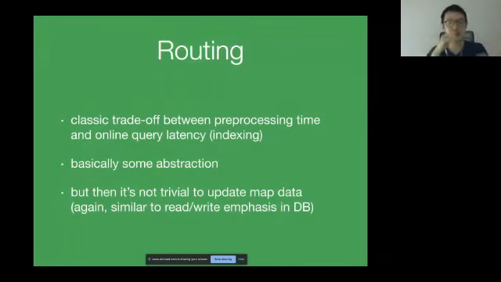It's very similar to the rewrite issue in a database. For example, whenever there's a road closure, we need to close this edge within the graph. It's more complicated. We need to rerun a lot of pre-processing, so we can make sure we refresh the index, the sparse map, in our production system.